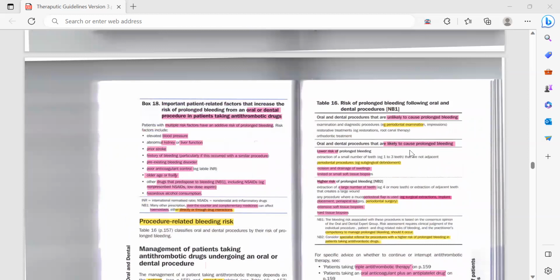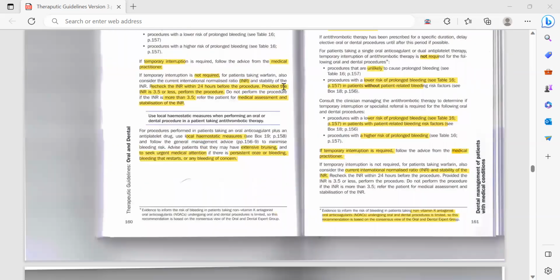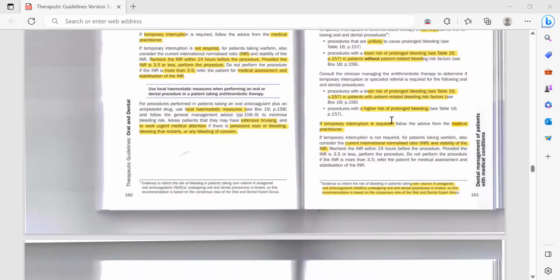So for these patients, you can do the lower risk procedures, but there should not be any of these things present in the patient. If there is a patient related risk factor, or the higher risk of prolonged bleeding, then you need to consult their clinician and follow his advice on temporary interruption if required.